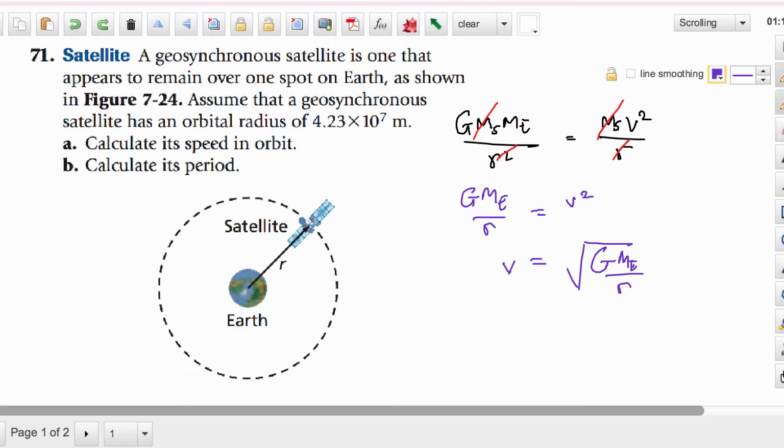So now we should solve. Go ahead and put it into your calculator, solve for the velocity, and tell me what you get.